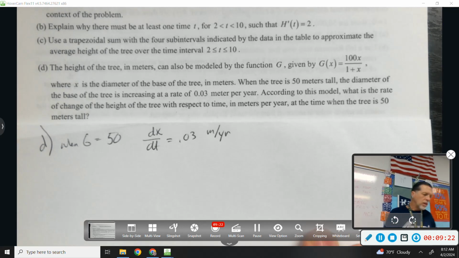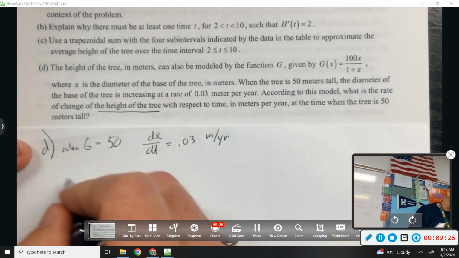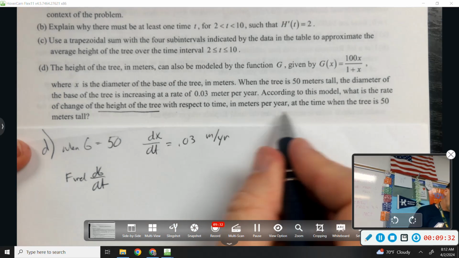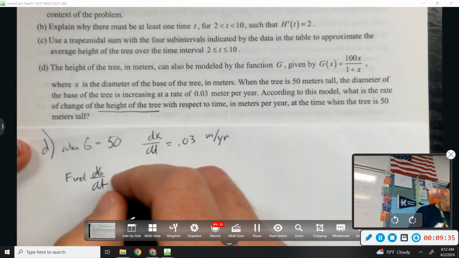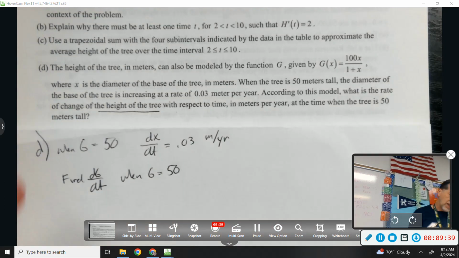According to this model, what is the rate of change of the height of the tree? So that's dg dt. Find dg dt when g equals 50.